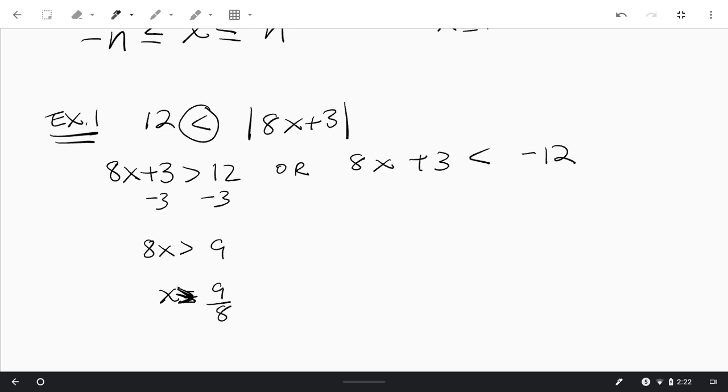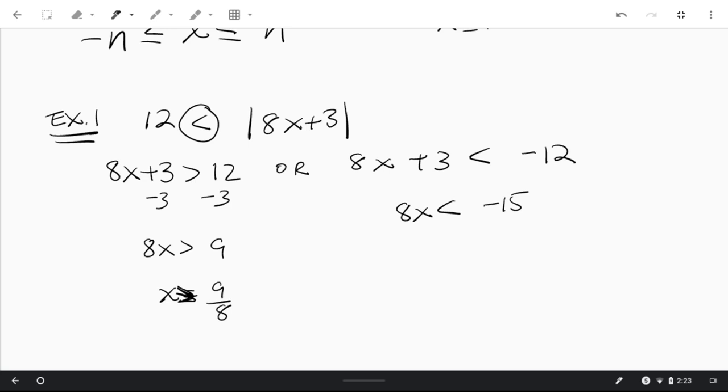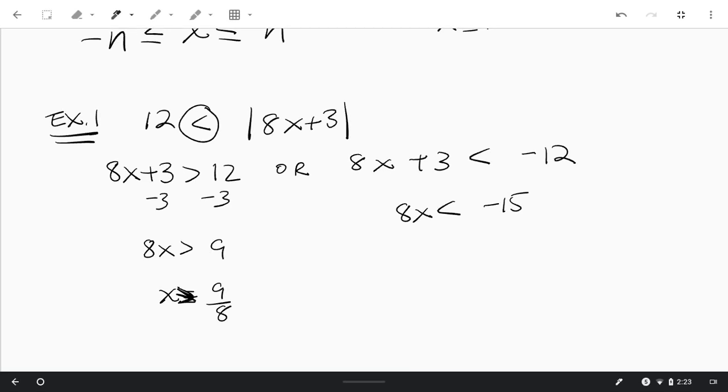Okay, and then same thing here on the right-hand side. 8x is less than negative 15. And then divide both sides by 8. So x is less than negative 15 over 8. Okay.